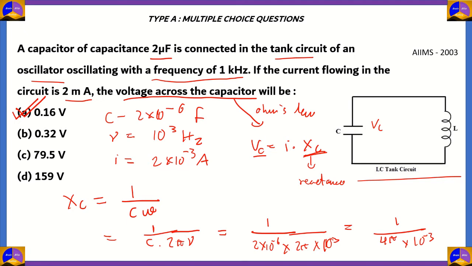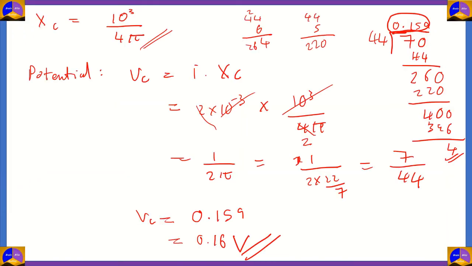We put in our values. We got the value for the capacitive reactance. And now we put the value for the capacitive reactance and the current in our equation for the potential. So the potential across a capacitor is now 0.16 volts, which is the same as option A. So option A becomes the right answer.